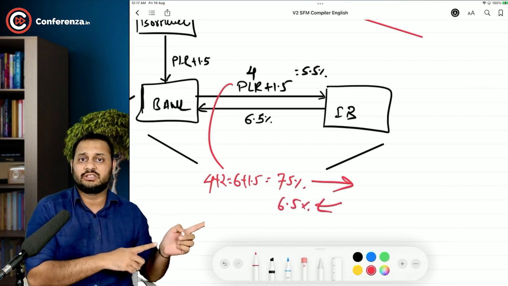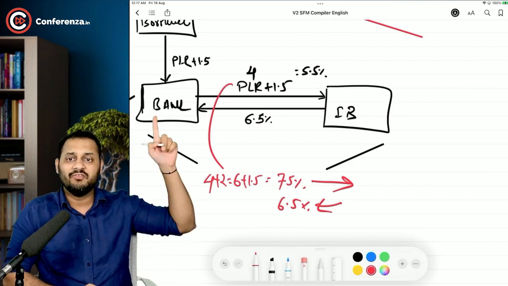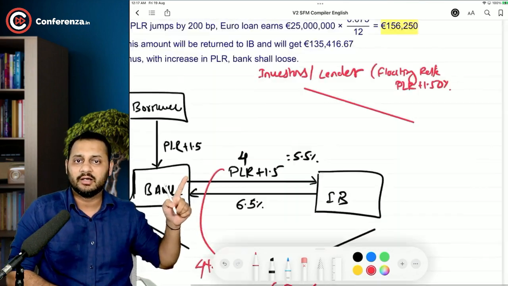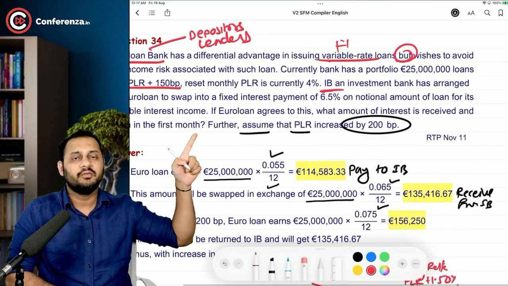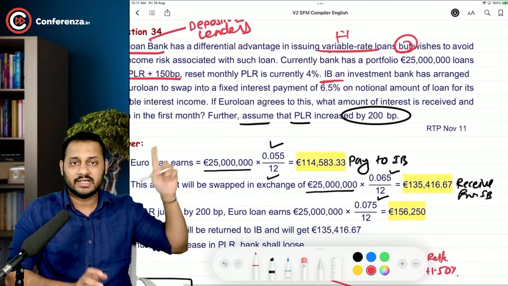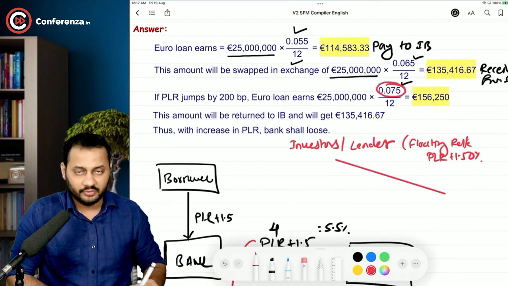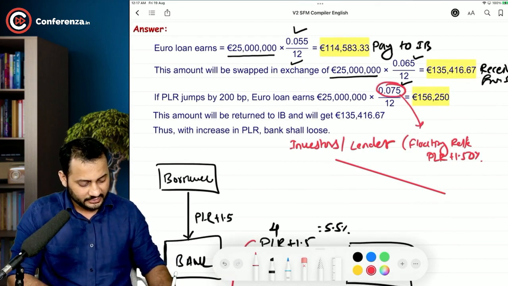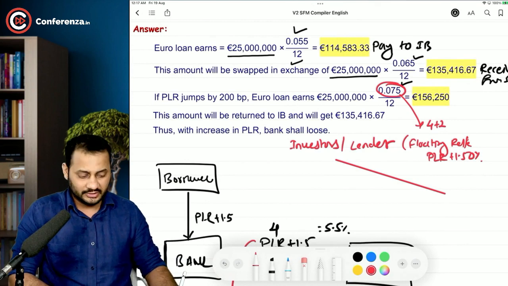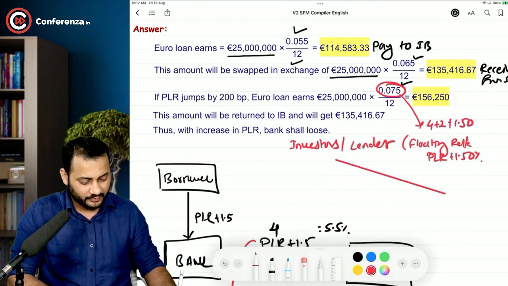There will be a loss. Why a loss? Because we were expecting a fall in the PLR, and actually the PLR went up, and that's why we will be at a loss. So see, 7.5%, can you calculate this? 7.5% is nothing but 4 plus 2, 6%, plus 1.5% fixed.